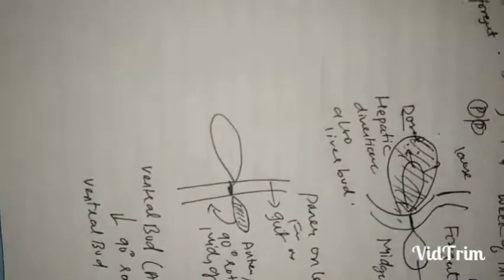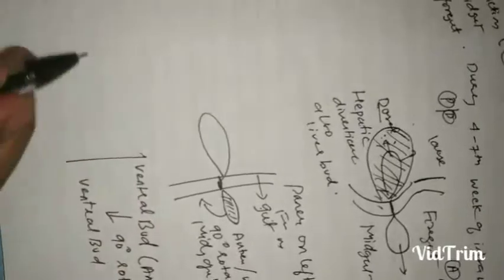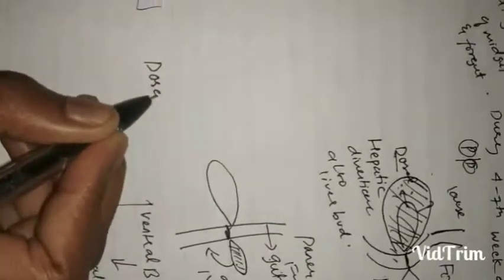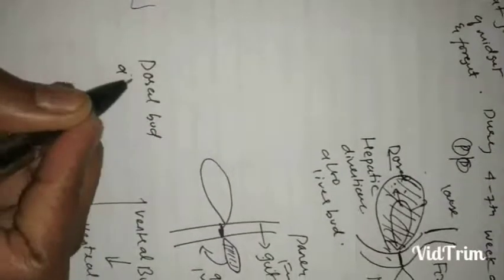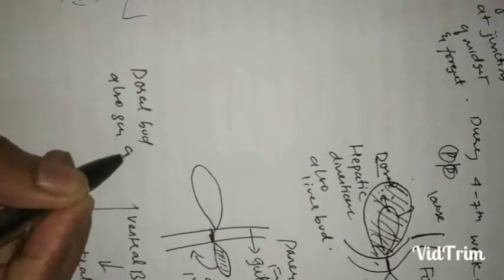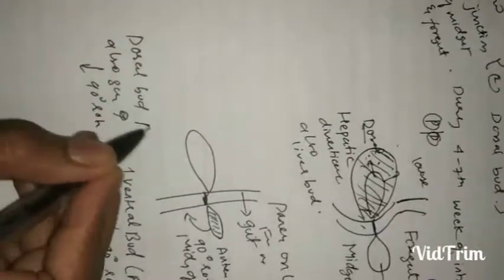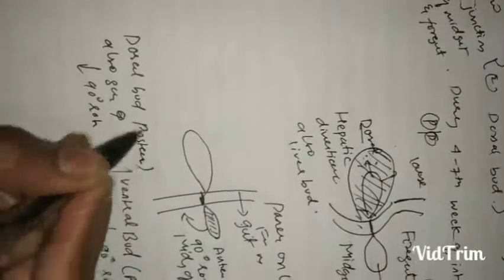And similarly, as the duodenum rotates, the dorsal bud also goes 90 degrees rotation, which was located posteriorly, or you can say dorsally.